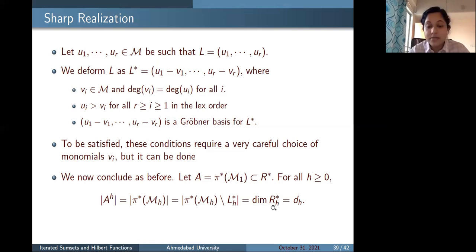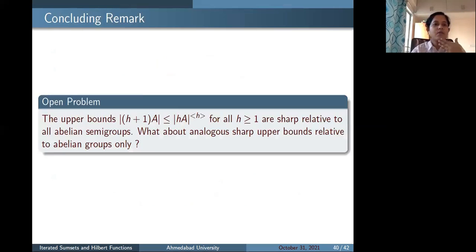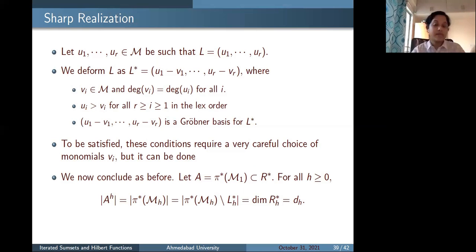And that will be the same as the dimension of R_h star, and that is equal to d_h. So this is the way we will do our sharp realization. These are the procedures, and that includes a lot of degree arguments, so I'm not presenting those things here at the moment.